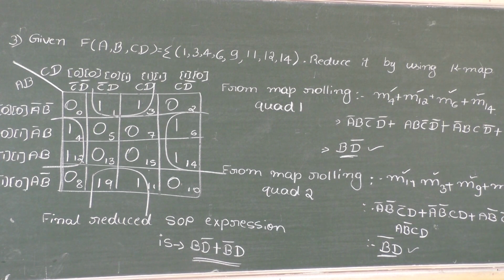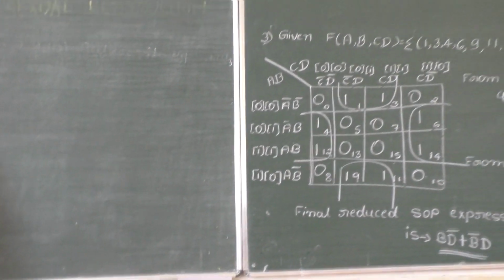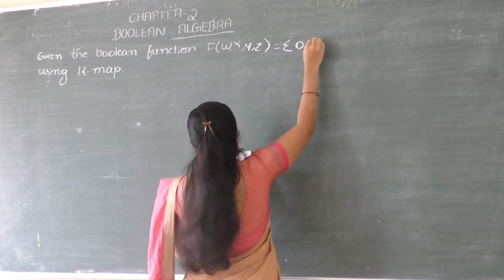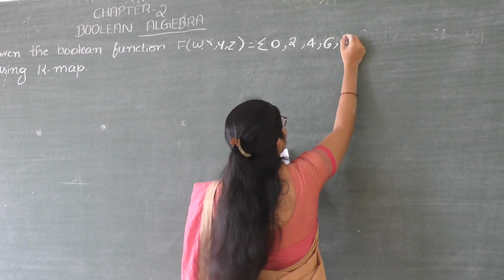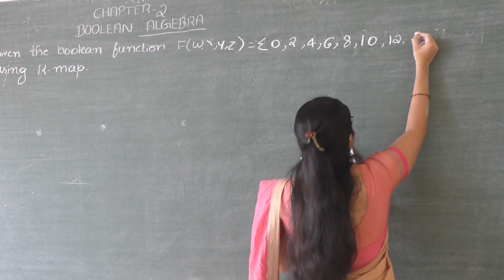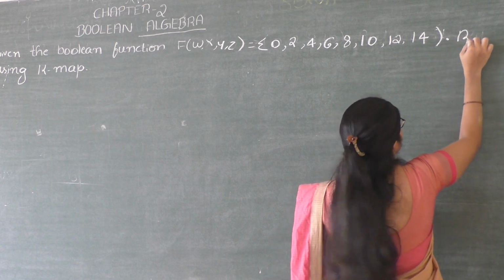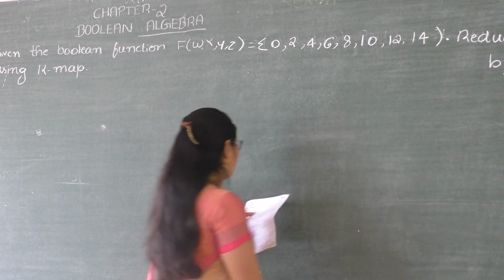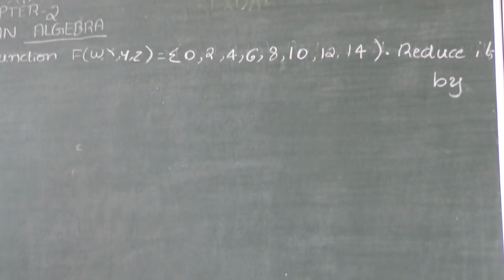Given the Boolean function f of w x y z is equal to sigma of 0, 2, 4, 6, 8, 10, 12, 14. Reduce it by using K-map.